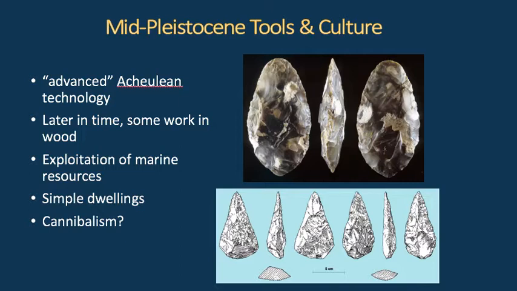This does not mean that earlier hominins weren't using wood tools. It just basically means that they didn't preserve well in the fossil record because wood will degrade a lot earlier than a stone tool will. We also have evidence that they were exploiting marine resources, living in simple dwellings, and possibly practicing cannibalism. Like I said, there have been quite a few fossils that have shown evidence of butchery.